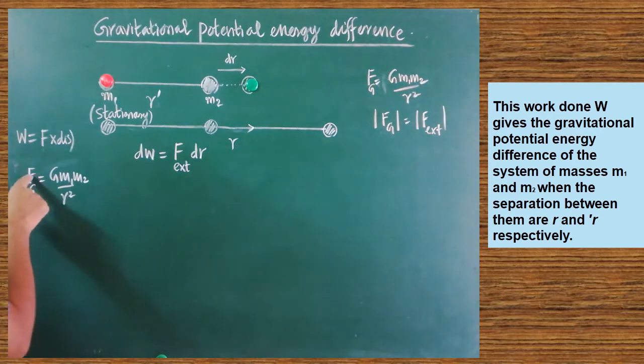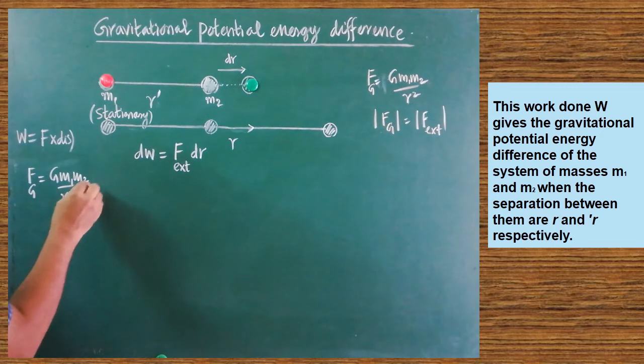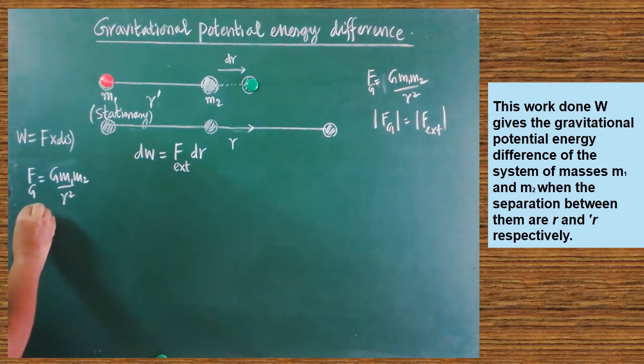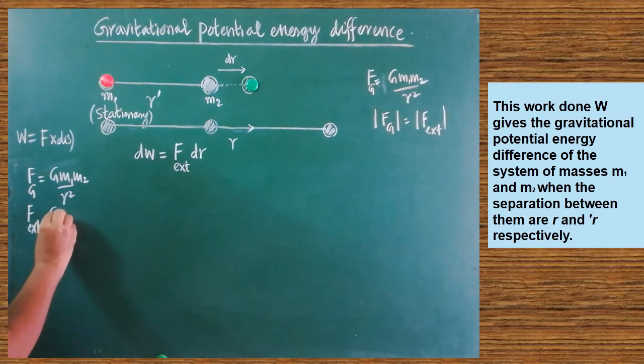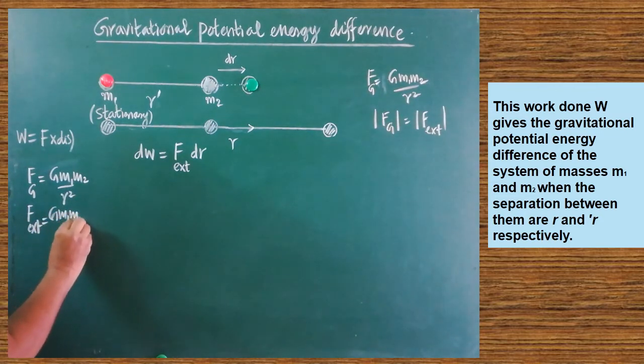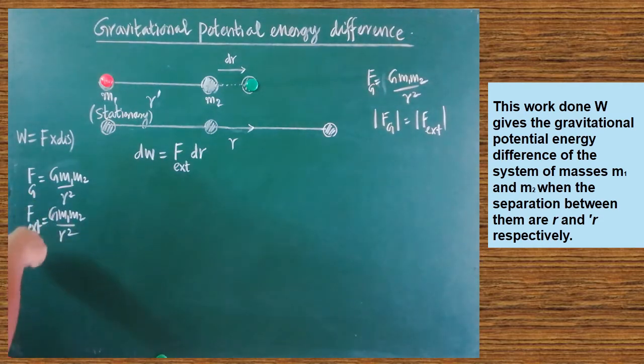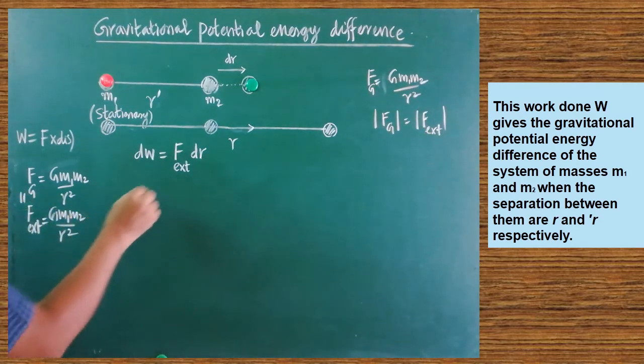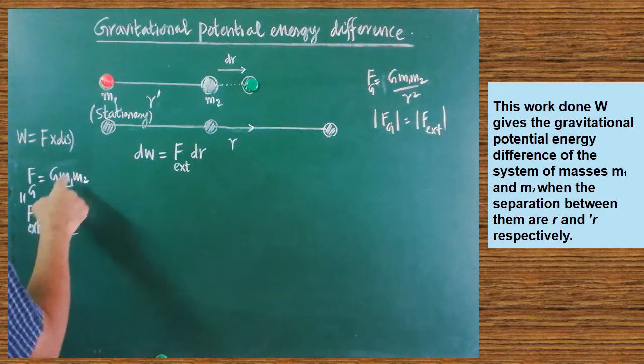So the gravitational force Fg is equivalent to F external, both are equal. Therefore the same formula can be used for calculating the external force. Are you clear? So instead of F external we can substitute this equation.